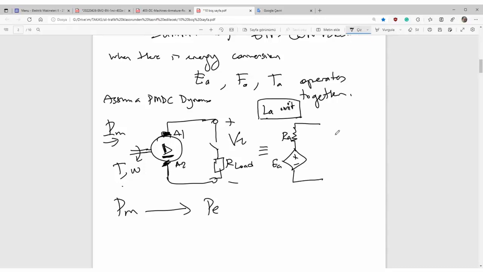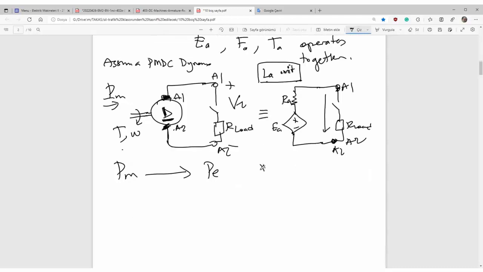And then here the load or terminal parameters are the load. Here's the terminal voltage between those two, A1 and A2. Yes, here are the terminals.